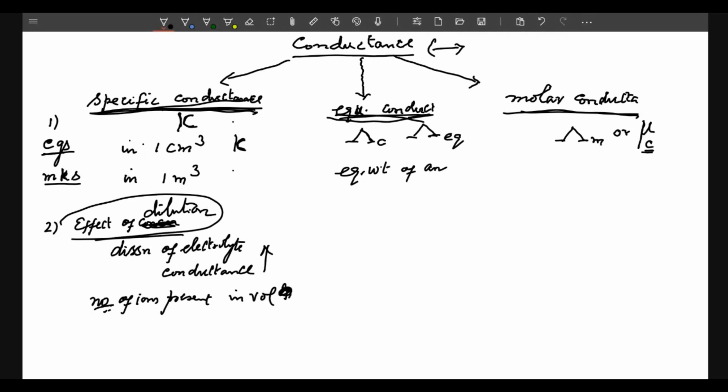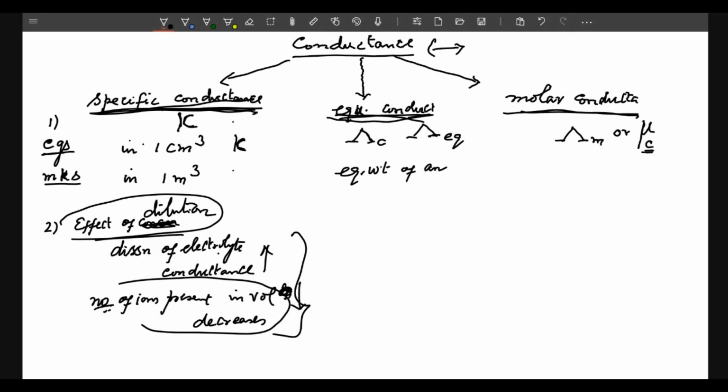As dilution increases, the number of ions present in the unit volume decreases, not increases, it decreases. Therefore, the specific conductance decreases. What is the ultimate effect of dilution on specific conductance? Generally, it decreases. The dissociation has less effect over the conductance than the number of ions present after dilution. Therefore, generally, it decreases.